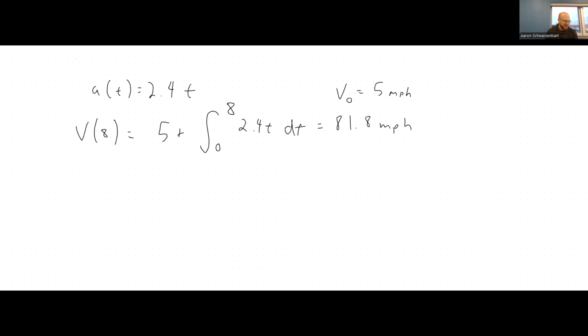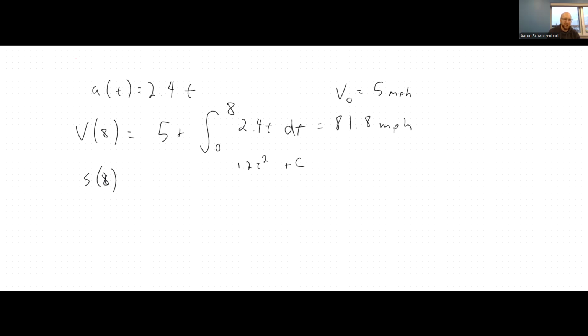The next question is, how far did it go? This gets a little bit harder. So this is where I almost have to integrate this by hand. So 2.4t, when I integrate it, becomes 1.2t squared plus c. What is my c in this case? 5.